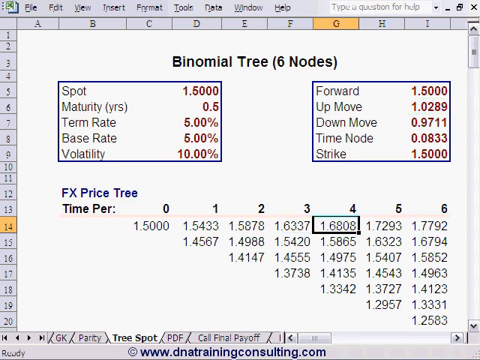The cell immediately underneath where we are represents the down movement of the spot from the previous level, calculated, of course, by multiplying cell F14, the current spot, by the down factor shown in cell I7.